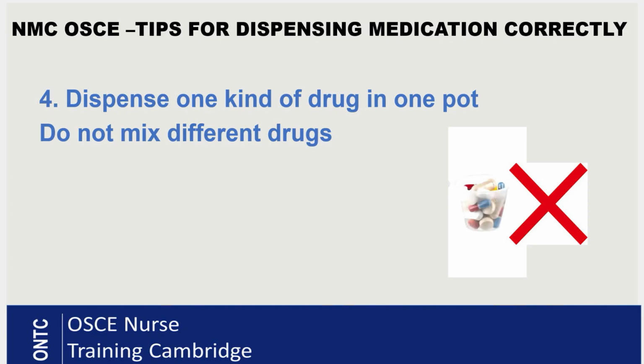Okay, so that's important. Next thing, what's important is one kind of drug in one pot. So if you say I dispensed my paracetamol, now I'm going to dispense my amoxicillin or whatever it is, I cannot dispense amoxicillin to the same drug pot as paracetamol.